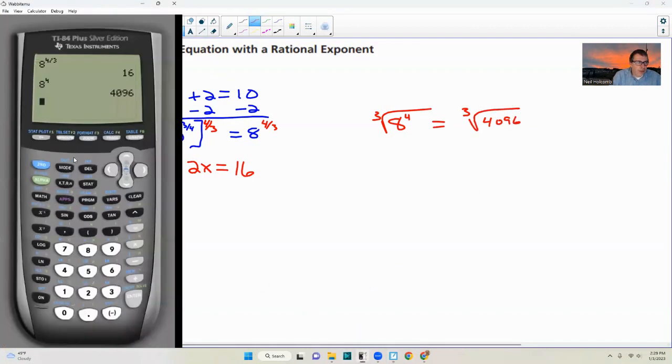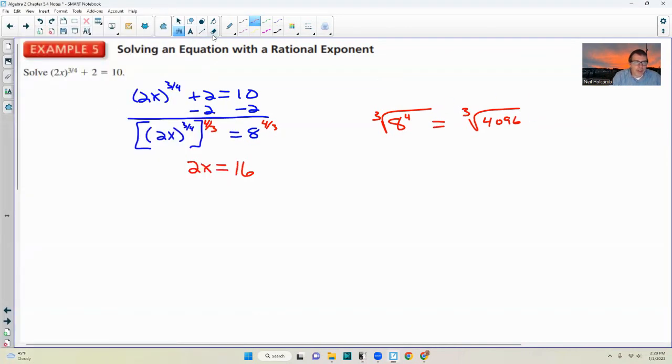And if I take the cube root of 4096, I should get 16. And there it is. It's just as easy to use a calculator, but if you don't have a calculator, then that's how you do that. Divide both sides by 2, the 2's cancel, I get x equals 8.